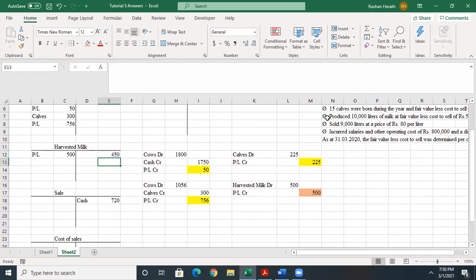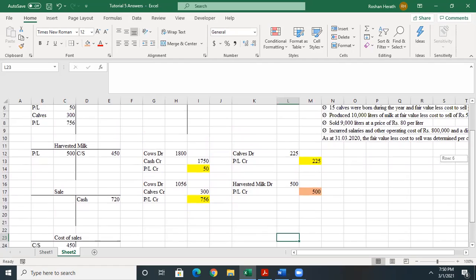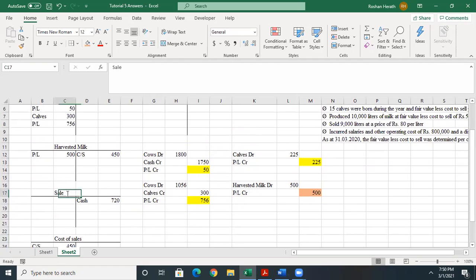Yeah, it was 50, so it's 450. That is your cost of sales. So you take it out from the inventory and take that to the cost of sales. So it's about the sales and the cost of sales of agricultural produce related.